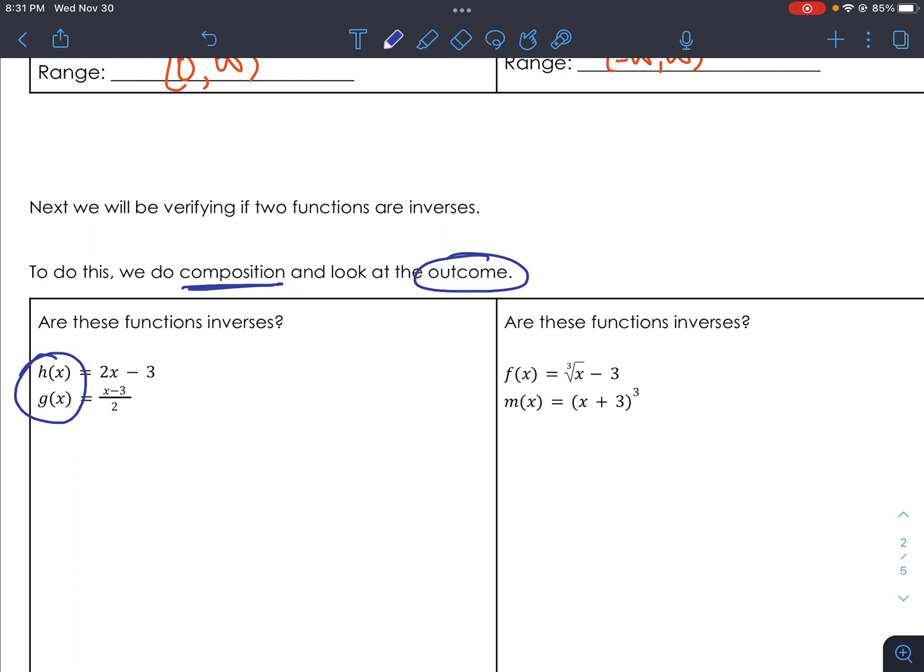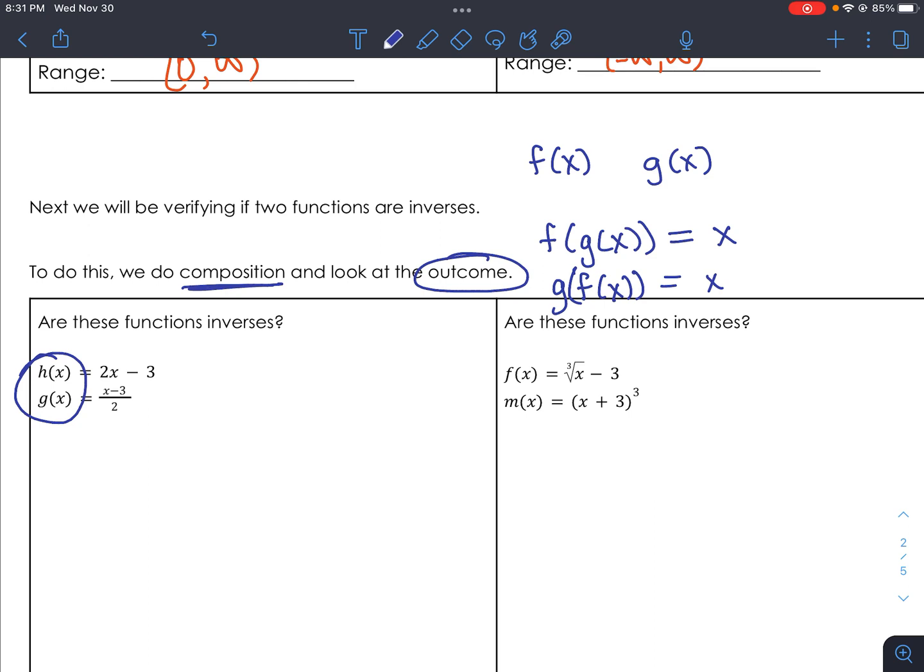And so if you're given two functions, f of x and g of x, we take one function and plug it into the other, so we do f of g of x, and we simplify as much as possible. And we want to see, does it equal just the variable x? If it does, then we reverse what we did. We do a second one. And we see again, does this equal x?